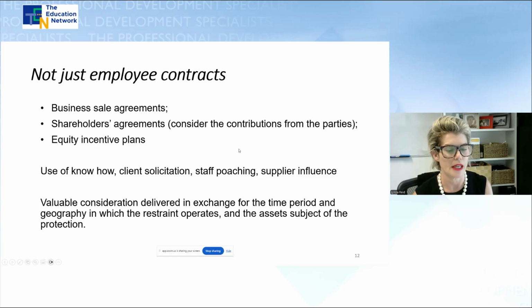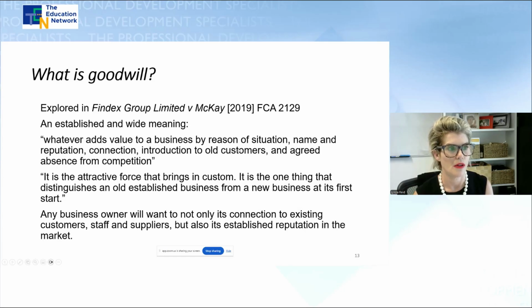So let's have a look at how some of those assets are considered. One of the key assets for consideration is goodwill. So what is goodwill? This was explored again recently in the Federal Court's decision in Findex Group and Mackay.